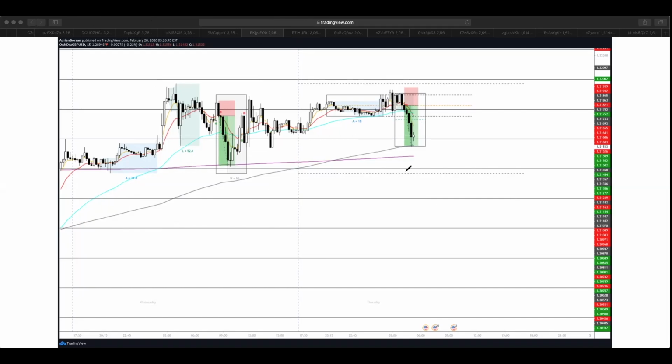The 5 EMA, what do we use the 5 EMA for? To close below or above if you want to stay in a trade. To try to stay in the trade as long as possible, you can use the 5 EMA.